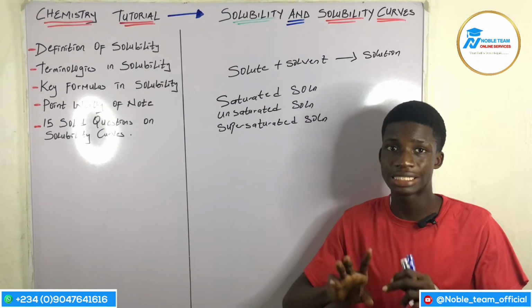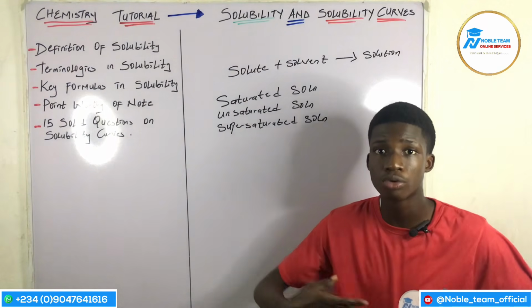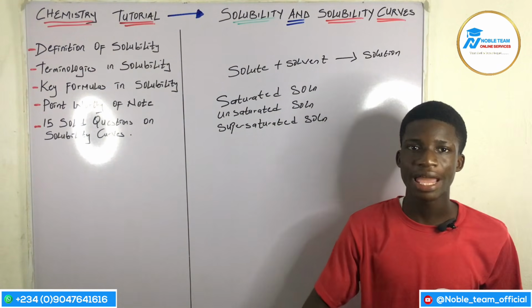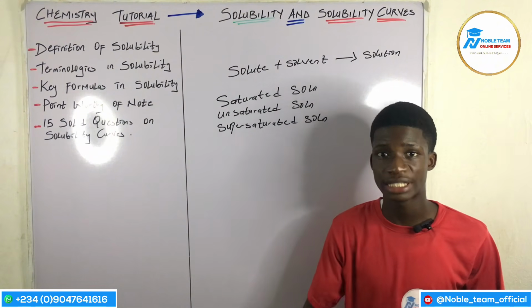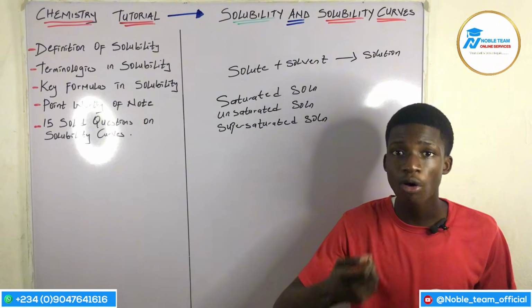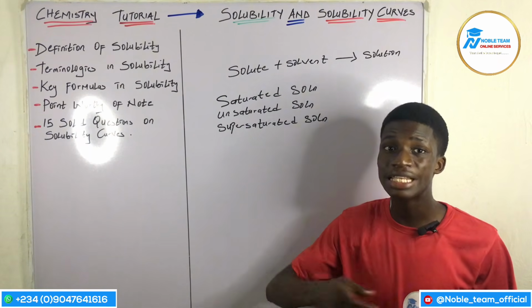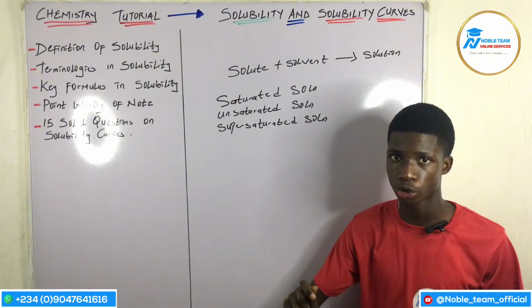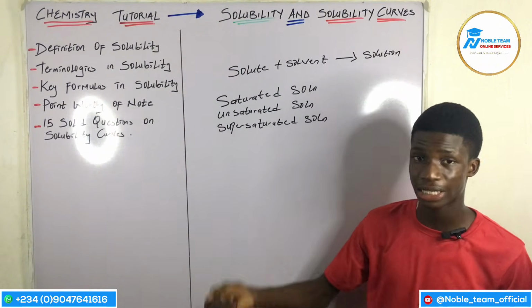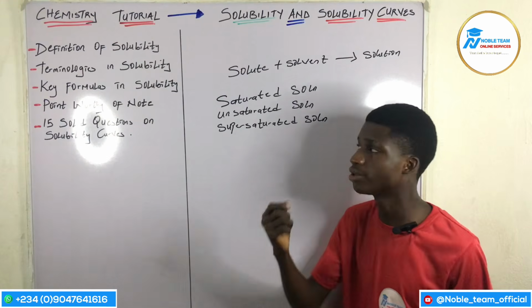You dissolve it. That is the normal rule that people use to produce things. Now, imagine that you dissolve that 40 grams, and at the end of the day, you dissolve another 40, making a total of 80. You understand? And at the end of the day, it's still dissolved. That is what we call supersaturated solution. I hope we grasped what is saturated solution, unsaturated solution, and supersaturated solution.